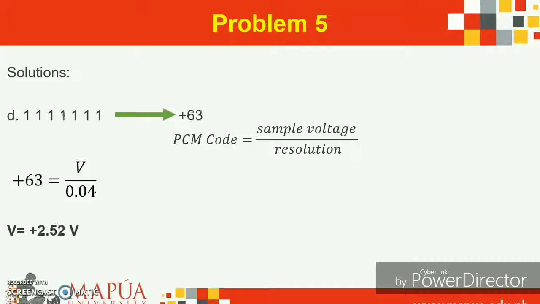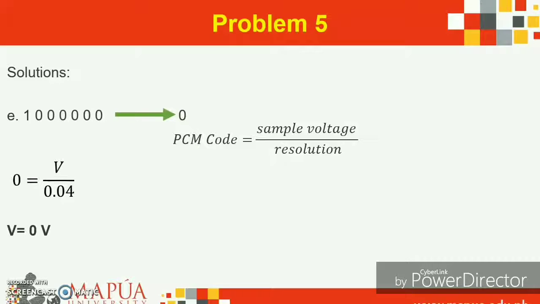It has a sign bit of 1, which is equivalent to positive, and magnitude bits equal to 63. So the decimal equivalent of the given PCM code is positive 63. We multiply it by 0.04 resolution, and we have the sample voltage of 2.52 volts. For the last, we have a sign bit of 1 and magnitude bits of 0. So we multiply 0 by the resolution, and we have 0 volts as sample voltage.